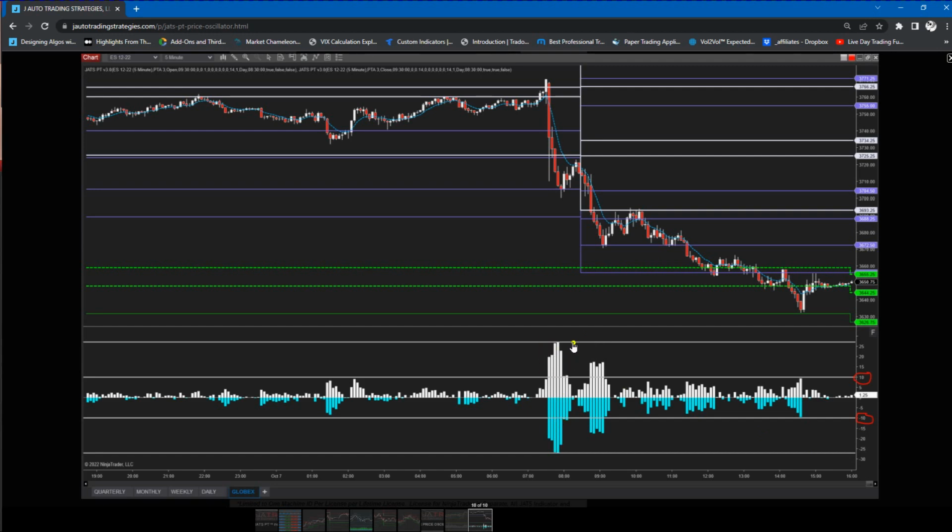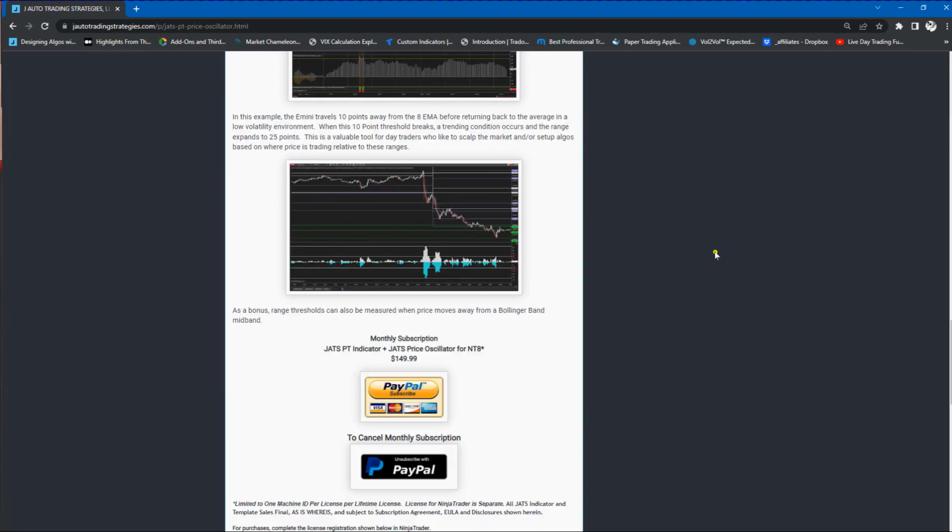But outside 25, it would come back in 25 points. But 10 points generally would hold the range on a normal small volatility environment. So between the price oscillator with your PT levels, hopefully that'll help you pull in some profits.